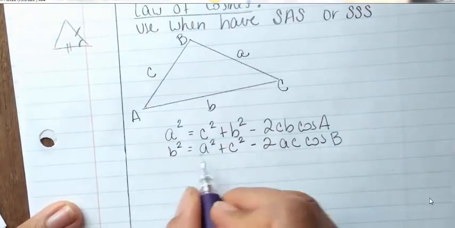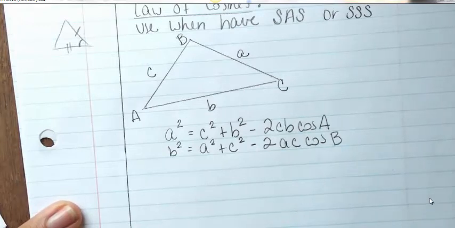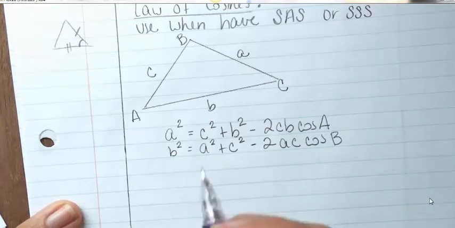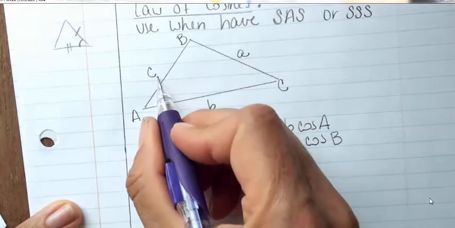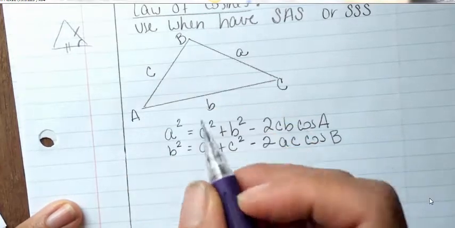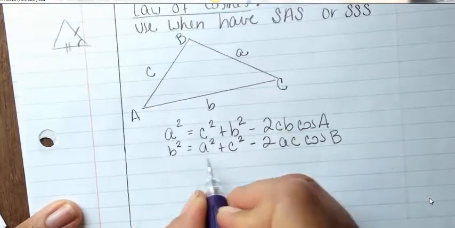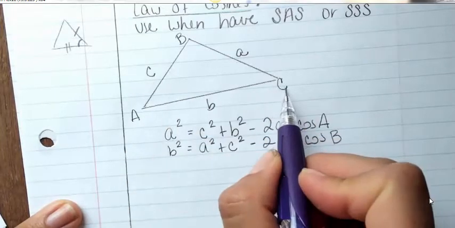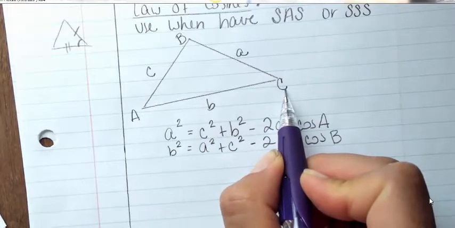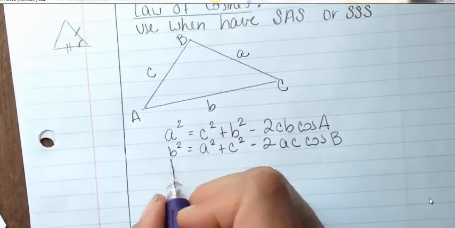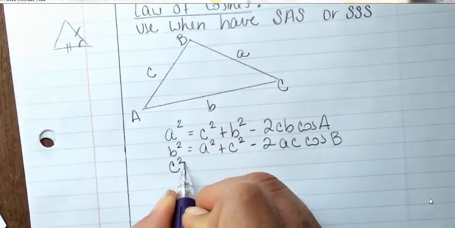Do it one more time. But you don't have to memorize each one of these. You just have to memorize where they come from. So I pick a side, maybe a side that I either know or need to figure out. For example, if I need to figure out C, then I would use what I'm about to do. So I'm going to take C, square it.